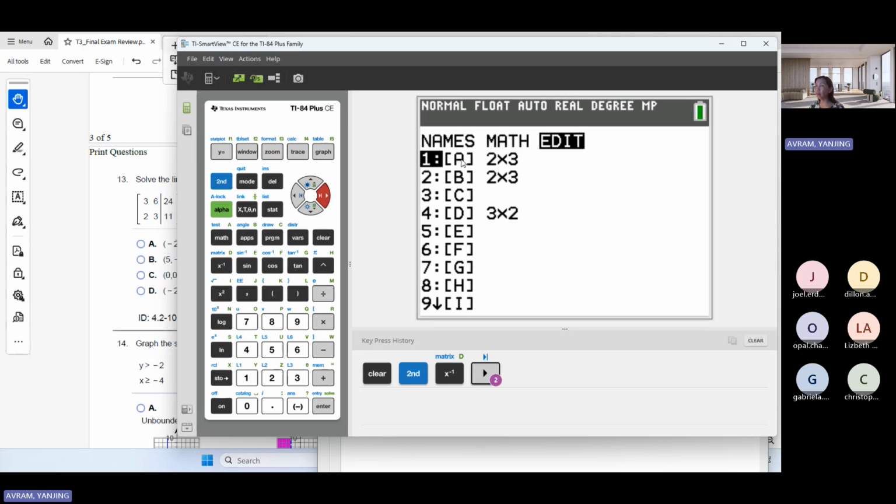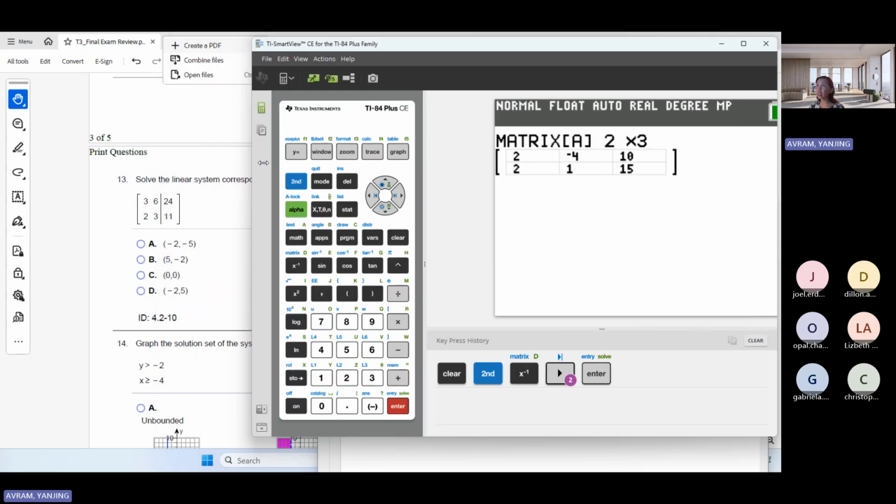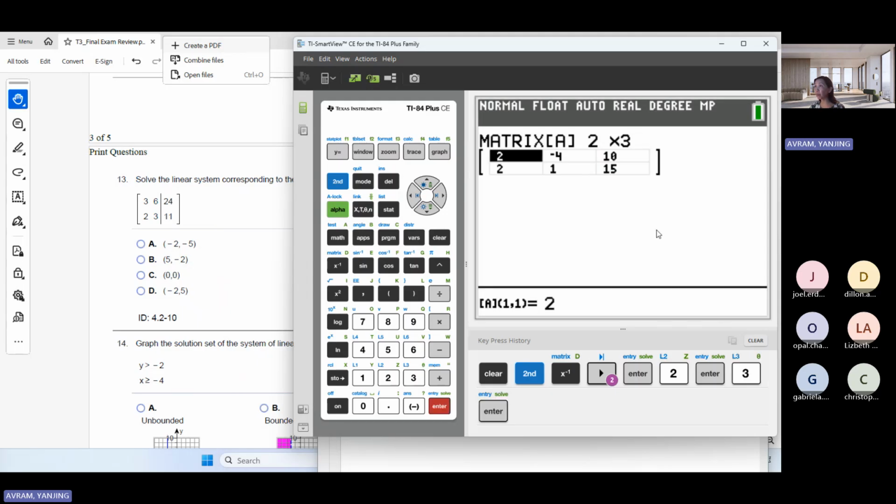Okay, so if I want to input my matrix into matrix A, you have to know which one you're doing, right? So I input my matrix into matrix A, and then you have to give the matrix the size. So what is my size here? Size is the row and then column. So I have 2 rows, 3 columns, so that's 2 by 3. So you input 2 by 3, right?